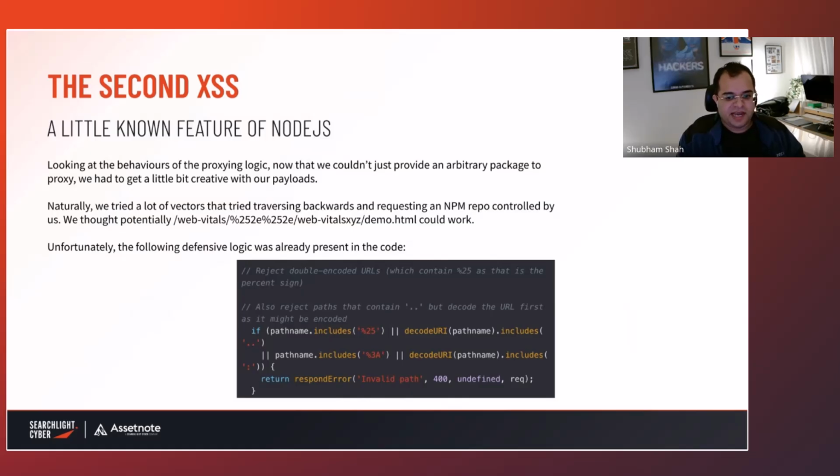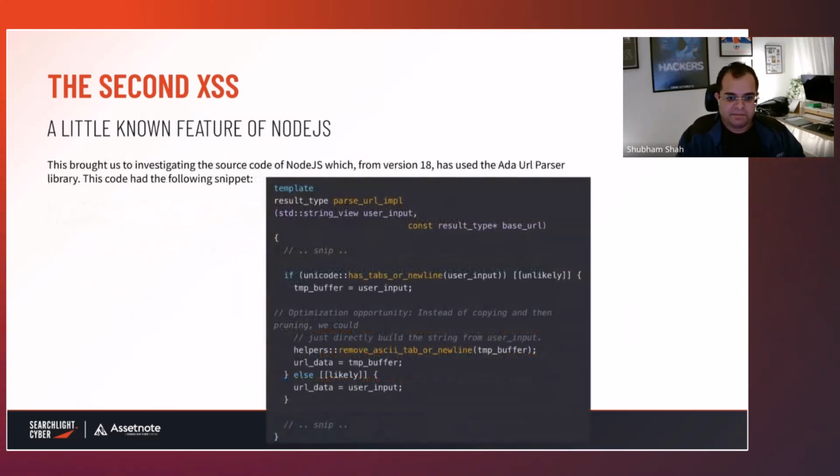Unfortunately, they already had some sort of logic to prevent basic path traversal in this proxying mechanism. But when we dug a little bit closer, we found that Node.js from version 18 uses the Ada URL parser library. Inside this library, there's the following code snippet.